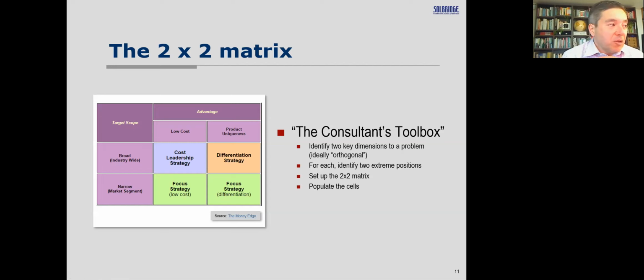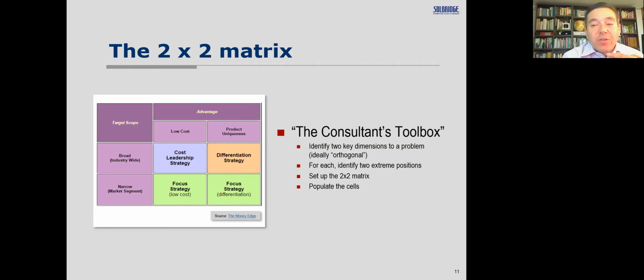You might call this the consultant's toolbox. Whenever you see a complex problem, you might want to consider identifying 2 different dimensions to that problem. Ideally, these dimensions are separate. We call that orthogonal. So one dimension can be related to the advantages I described. The other dimension is your market scope, as outlined in this 2x2 matrix.